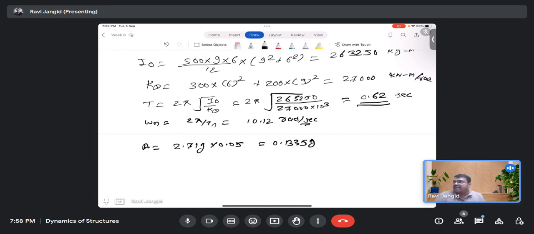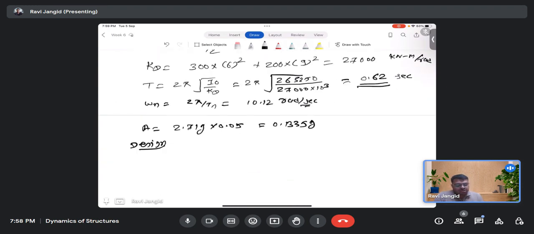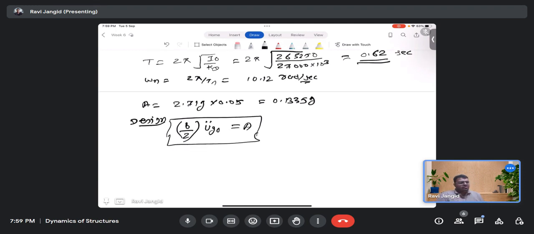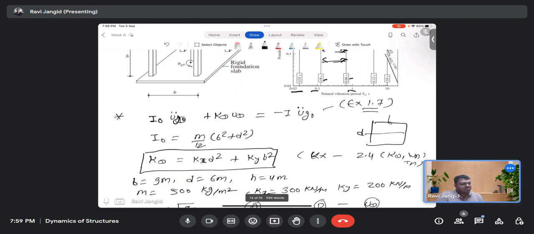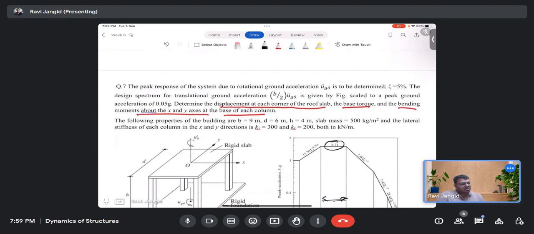Okay, so the design spectrum is given in terms of A, and they are converting it, saying that b by 2 into ug double dot ug naught is given as the design spectrum. We can find out, because this is given in the question itself, the design translational ground acceleration is given as b by 2 ug theta double dot.